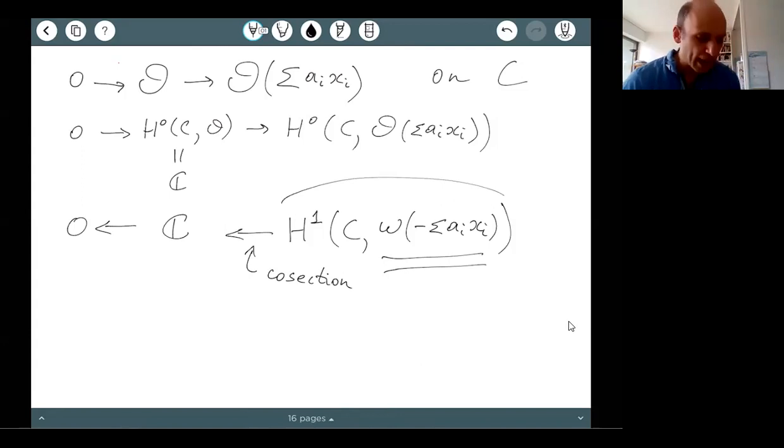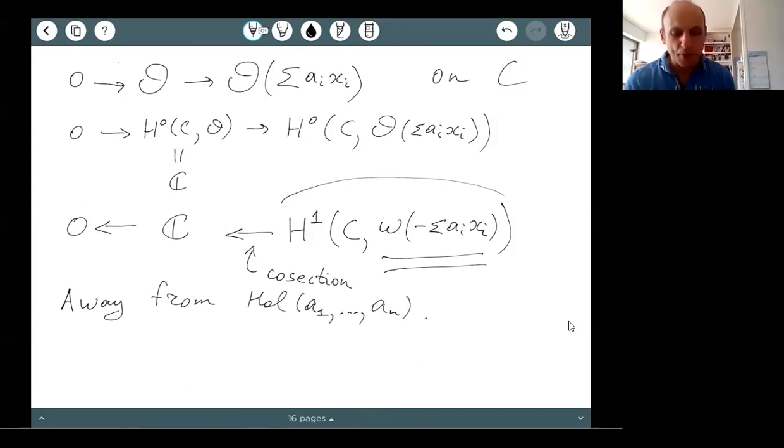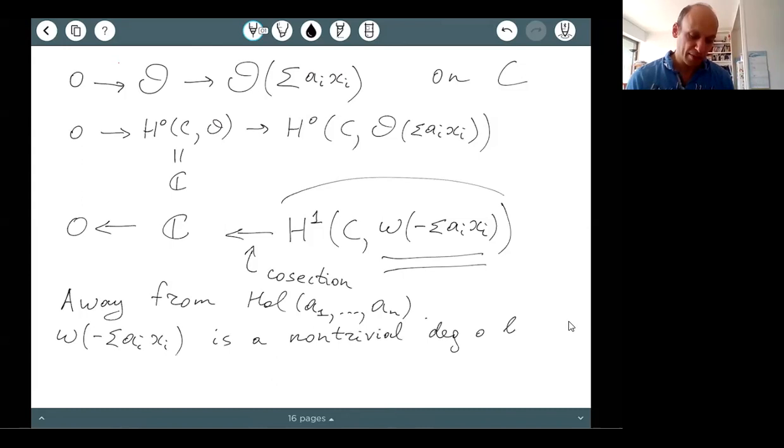Now let's look at this sequence away from the holomorphic locus. Away from the holomorphic locus, omega of minus a_i x_i is a non-trivial degree 0 line bundle, non-trivial precisely because I'm away from the holomorphic locus.